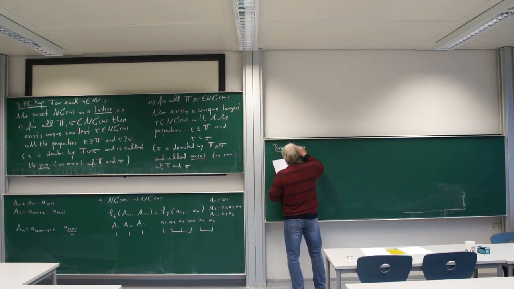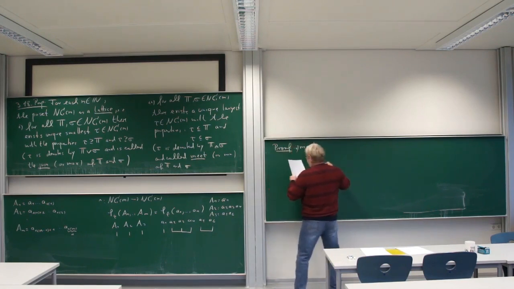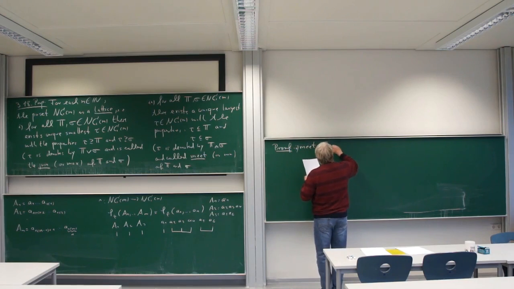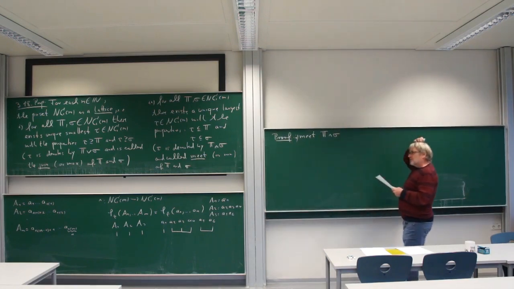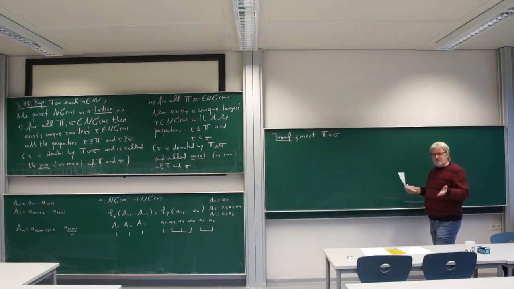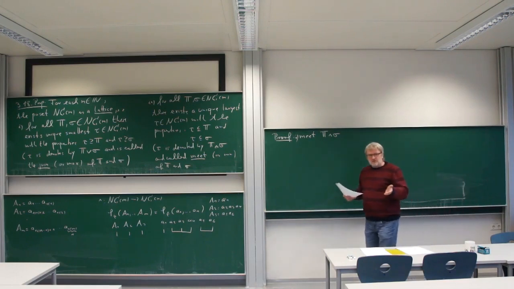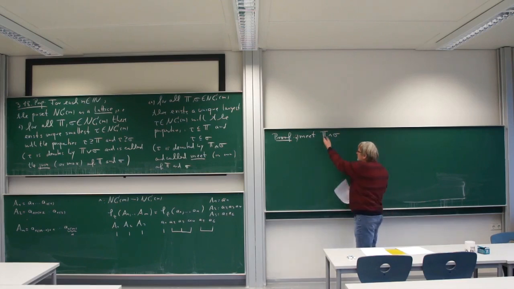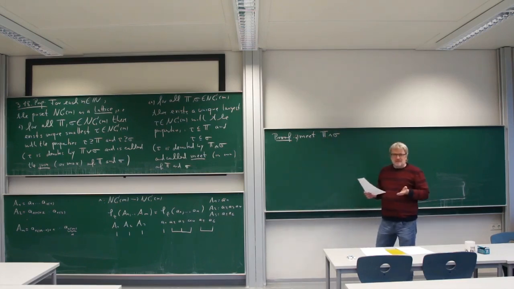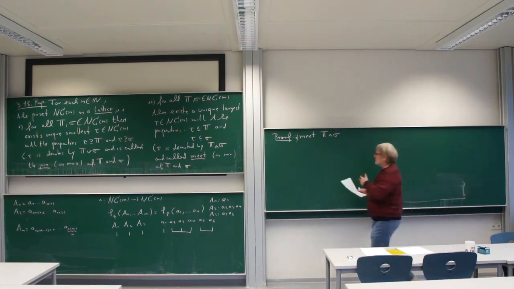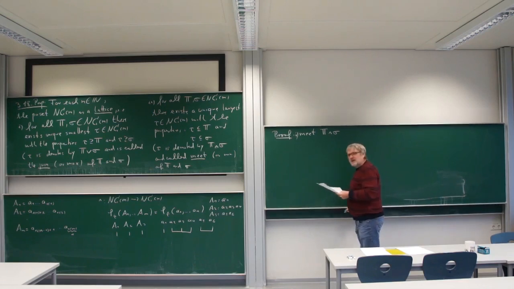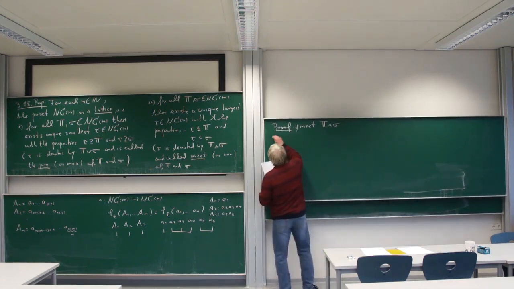So let us consider the minimum. This is the easier one. If I have pi and sigma, I need something which is smaller than both of them. This means the blocks of this minimum must be contained in the blocks of pi and in the blocks of sigma. So the first guess is, what should I take? I should take all possible intersections of the blocks, and that's actually what does the job.